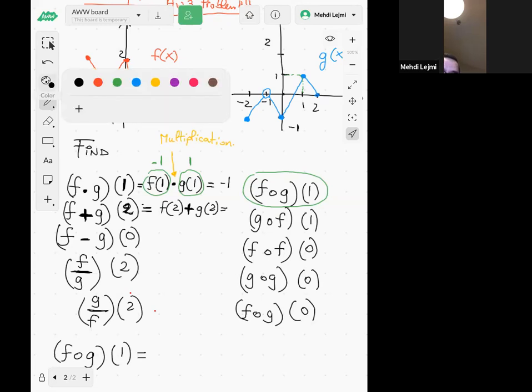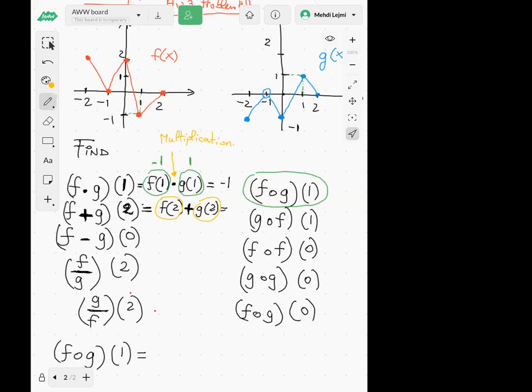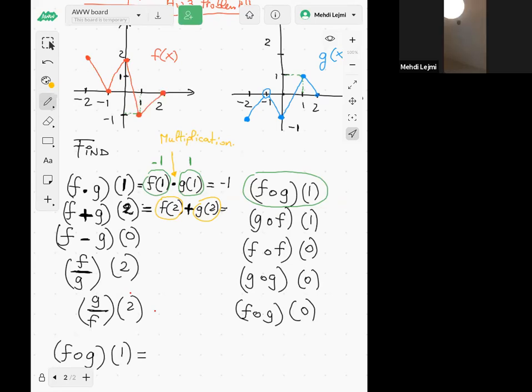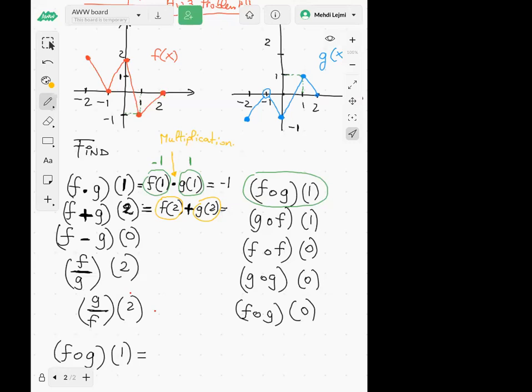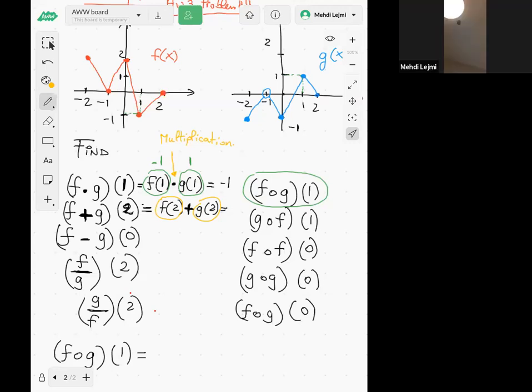So then you have to find f of 2 and g of 2, and then you have the addition. So first, what's f of 2? What do you think? 0. Yes, and g of 2 is also 0. So that's why Rabiul said the answer would be 0, because it would be 0 plus 0. Yeah, I was confused in that part. Thank you so much. Sure, no problem.